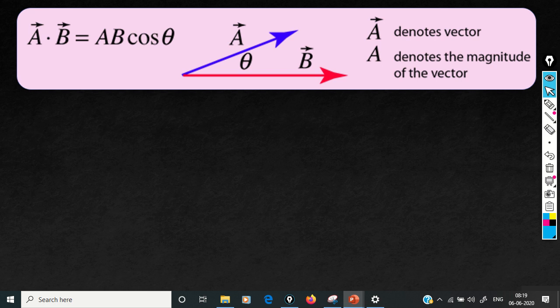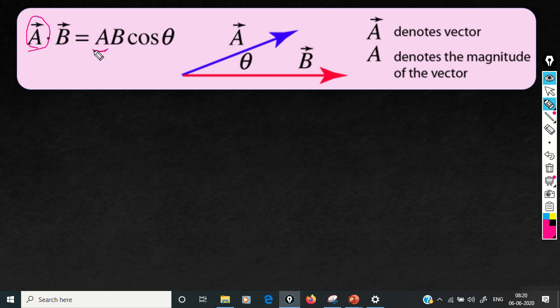The diagram represents how the dot product is represented. So I have vector A and vector B. The formula says vector A dot vector B is equal to AB cos theta. Now observe the difference between the representations. Here I have the vector represented by an alphabet with an arrow, but here I have only the alphabet.